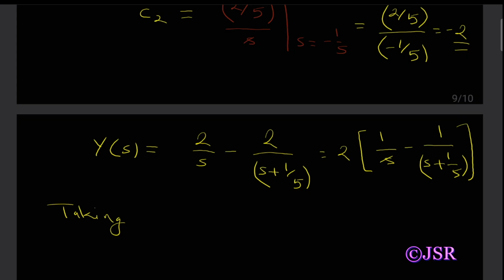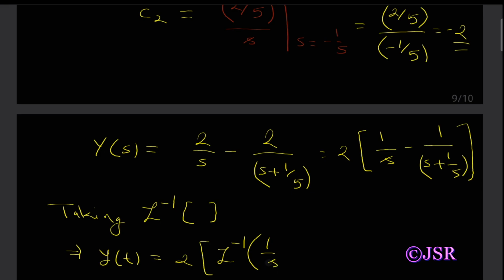Taking inverse Laplace, we will get small y of t equal to 2 inverse Laplace of 1 by s minus inverse Laplace of 1 upon s plus 1 by 5.